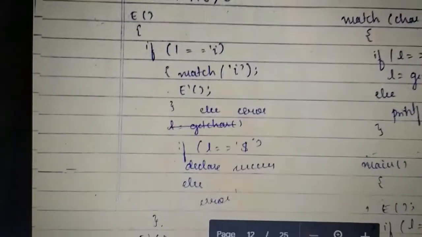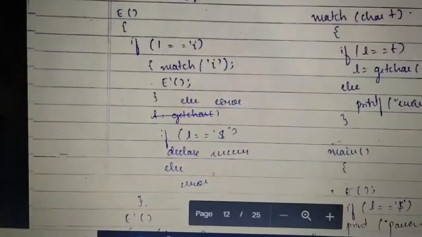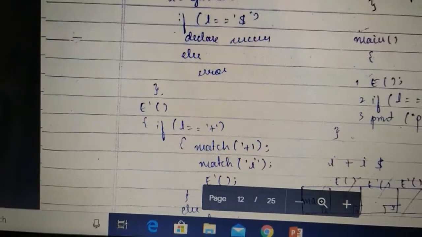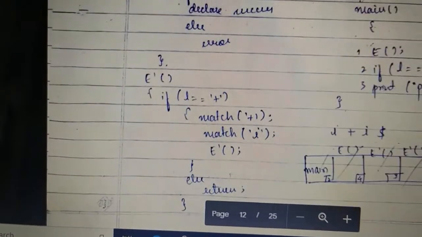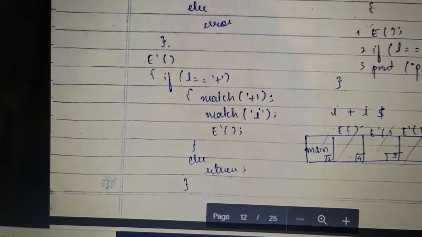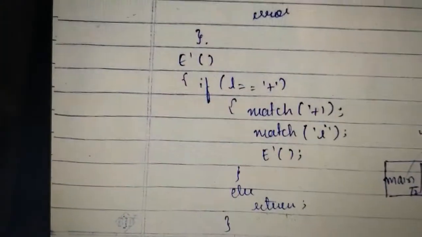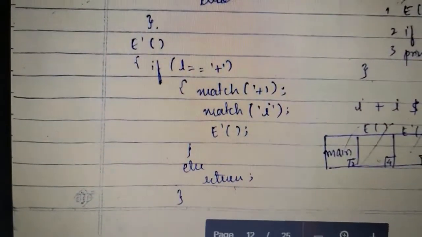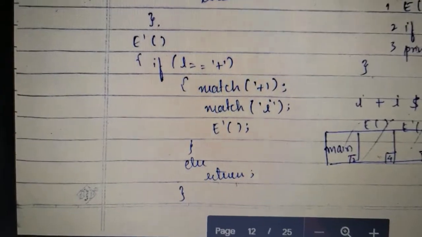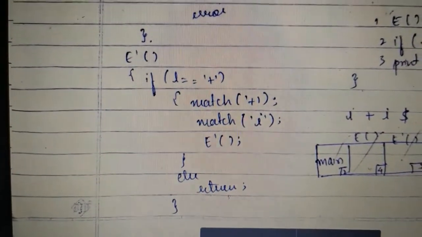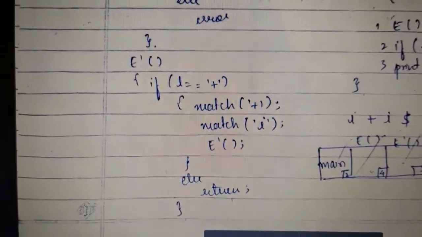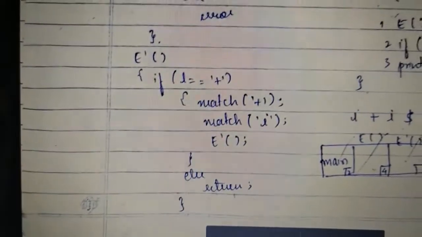So let's see what is there inside the function E'. In function E', the lookahead variable is first matching the terminal symbol plus, and then i, then it is again calling itself, E'.